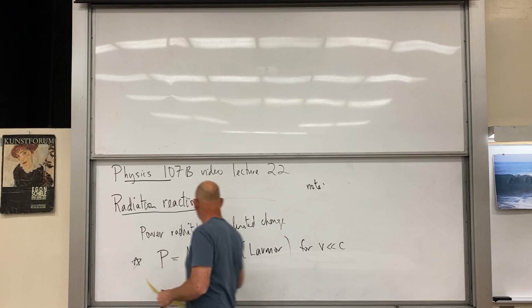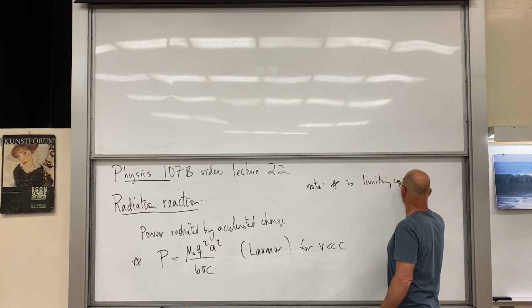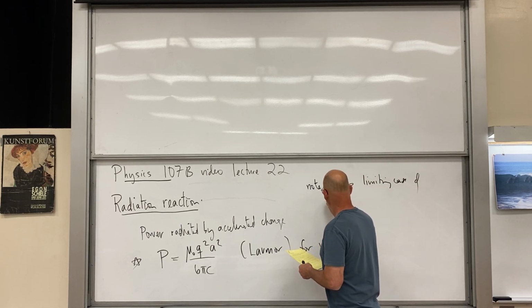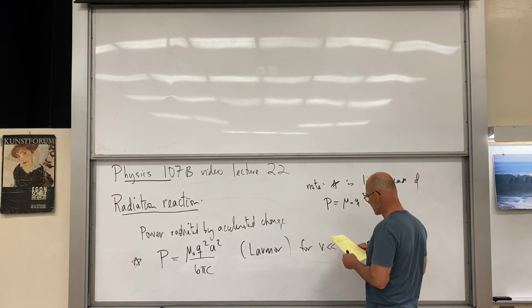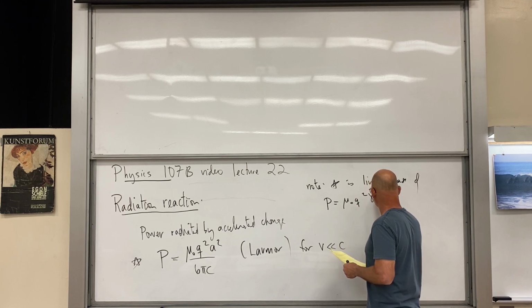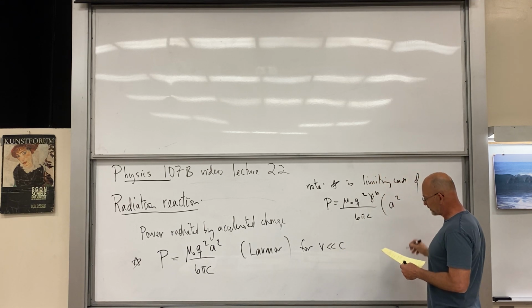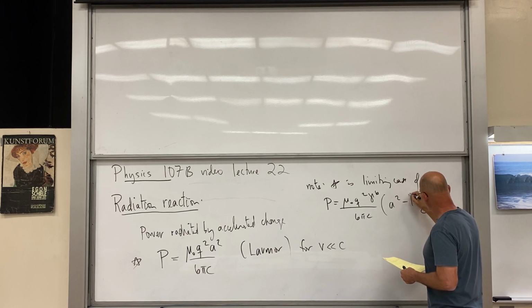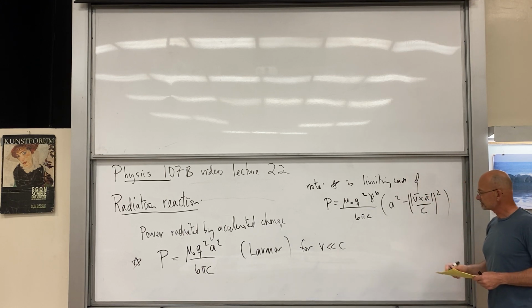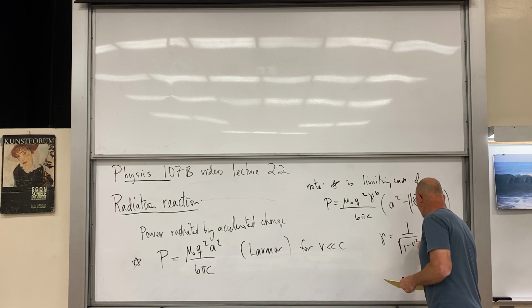We'll just call it the star limiting case of P equals mu naught q squared, that's your numerator there, gamma to the 6th, which we'll learn about in the next chapter, over 6 pi c, times a squared minus the magnitude of v cross a divided by c, this whole thing squared, and this gamma is 1 over root 1 minus v squared over c squared.